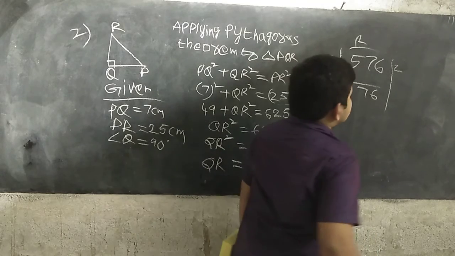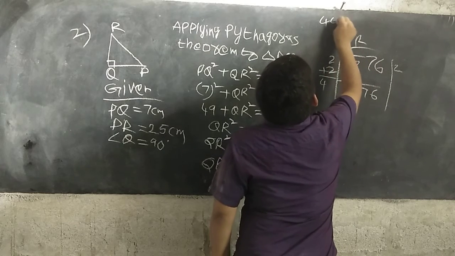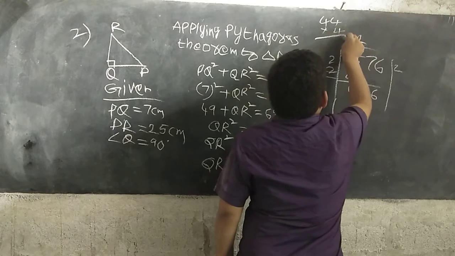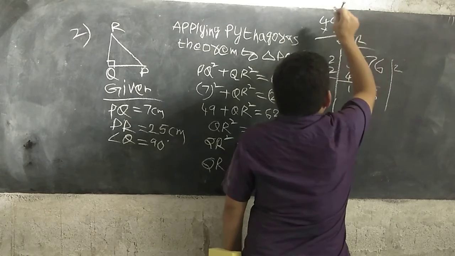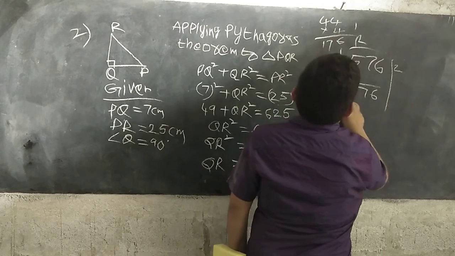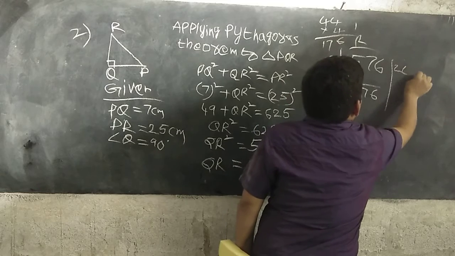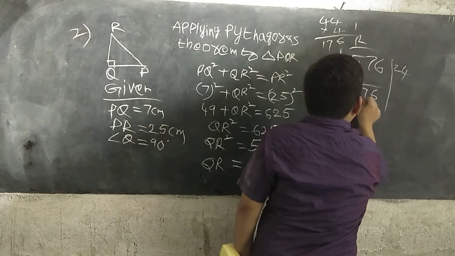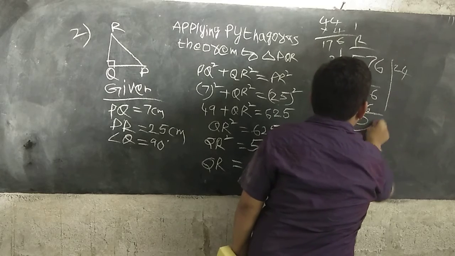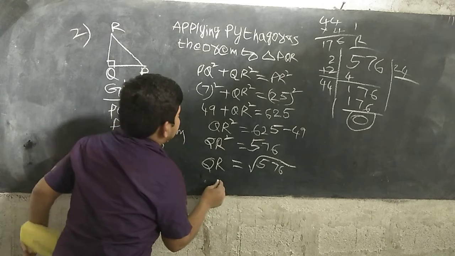So according to that concept, we have to do 44 into 4. 44 into 4 equal to 176. Minus 0. So what is the square root value? 24. So QR equal to 24 centimeters.